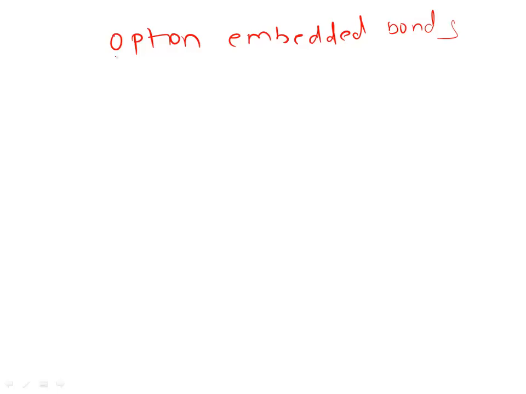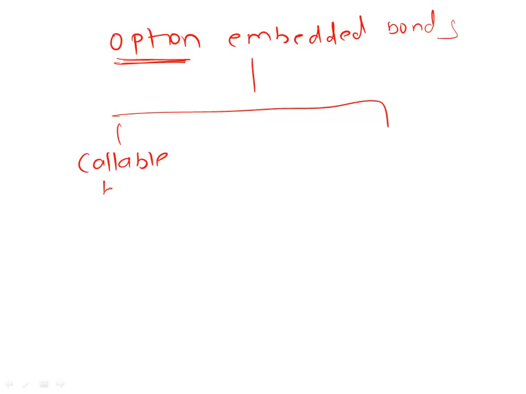Now, these options are what we will be studying in depth when we do derivatives, but at this stage you think of them as a financial instrument that gives you flexibility. So now there might be two types of bonds which might have these options. The first ones would be called callable bonds, and the next ones would be called puttable bonds.